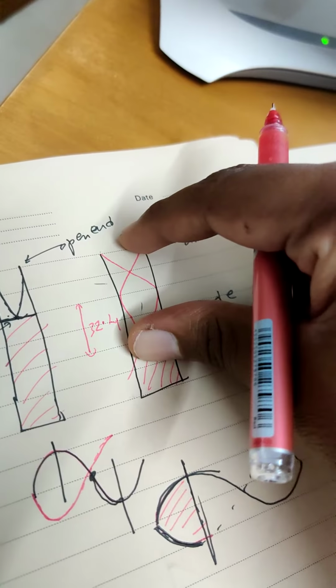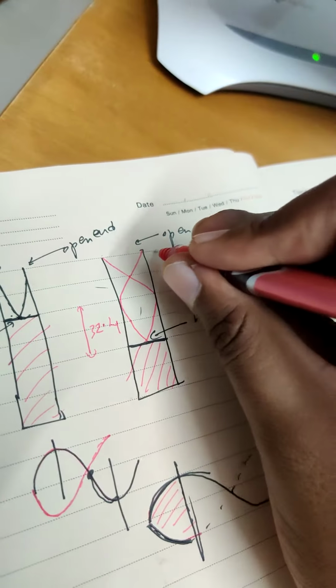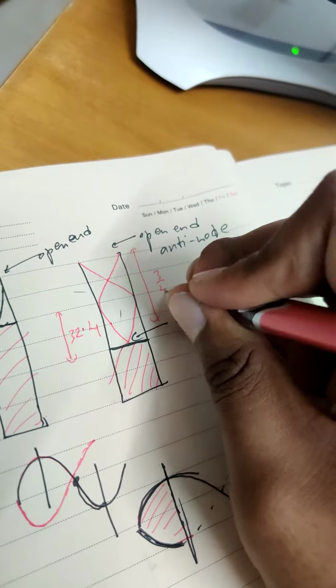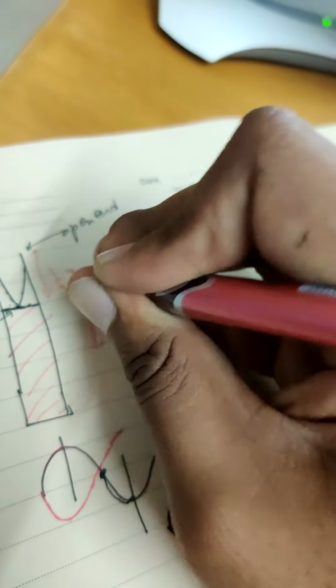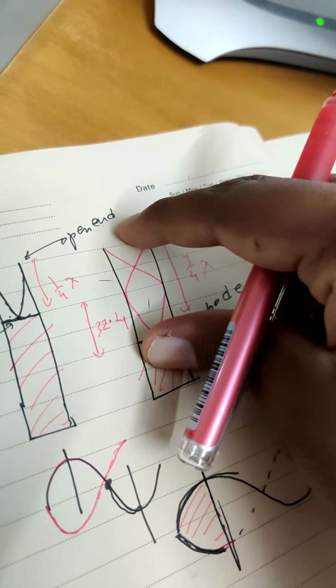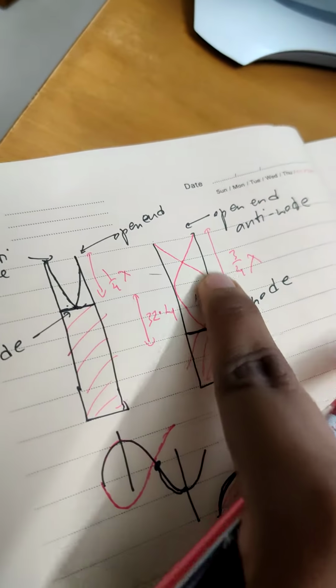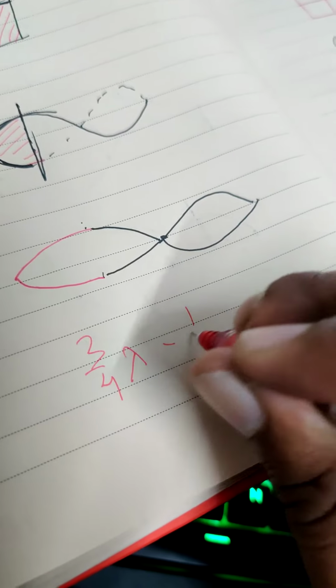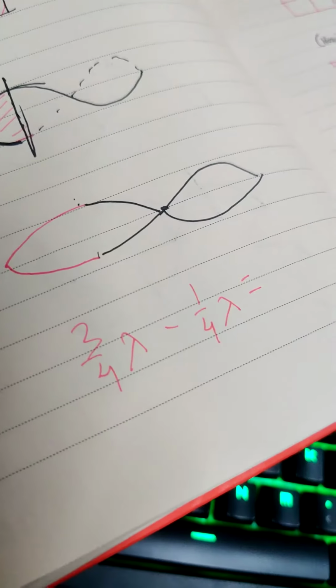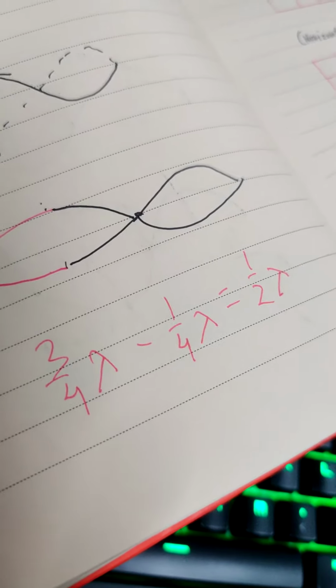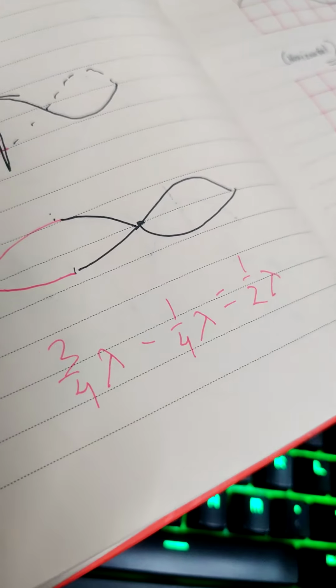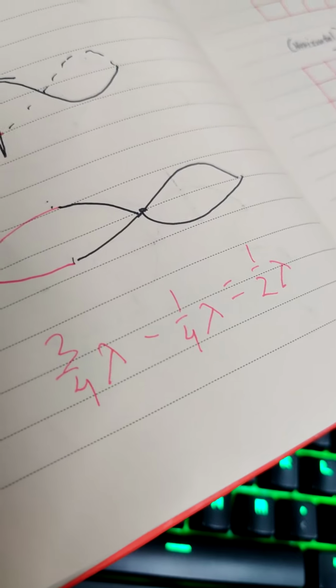See, if this is 3/4 lambda, right? This much is 3/4 lambda, and this much is 1/4 lambda. If I subtract this from this, we get 3/4 lambda minus 1/4 lambda is equal to 1/2 lambda, which is 3/4 minus 1/4, which is 0.5.